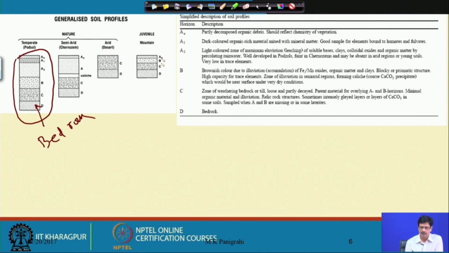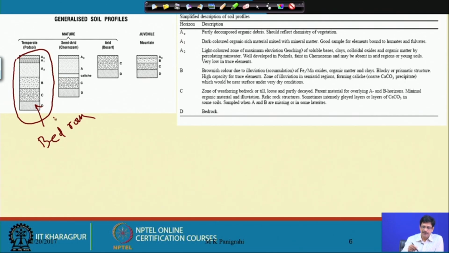And a juvenile formation just below a mountain, the foothill region, will develop these zones, but their thickness will be less, even though these are not to scale. In a normal temperate climate, we could expect this kind of zonation of the soil profile and the thickness by which they will be present.